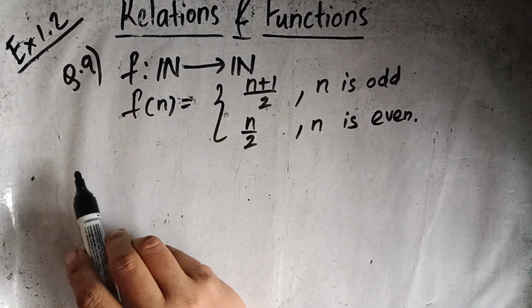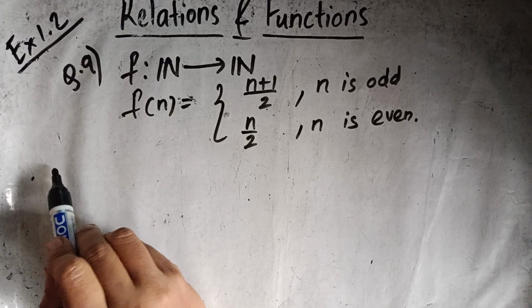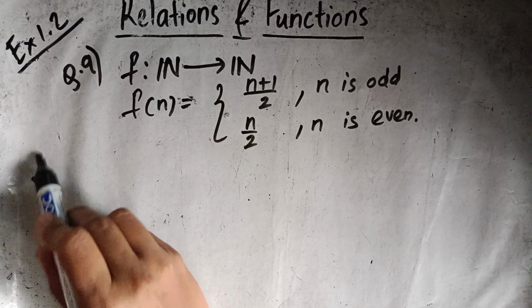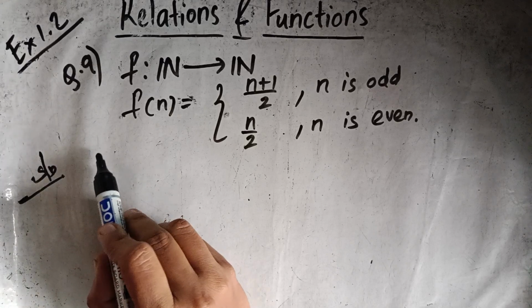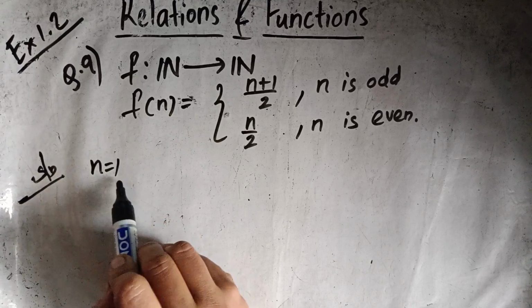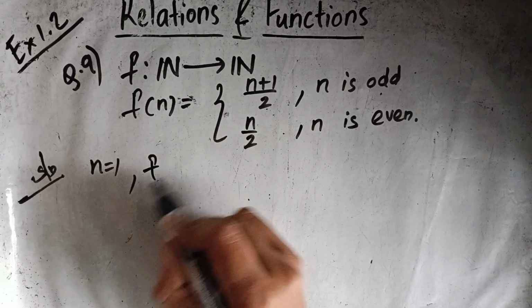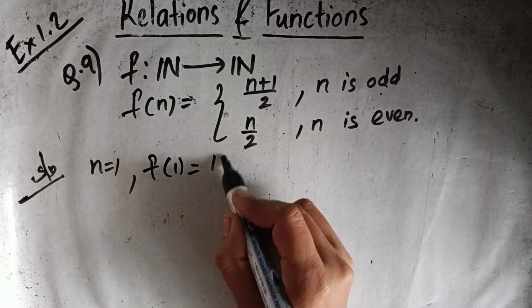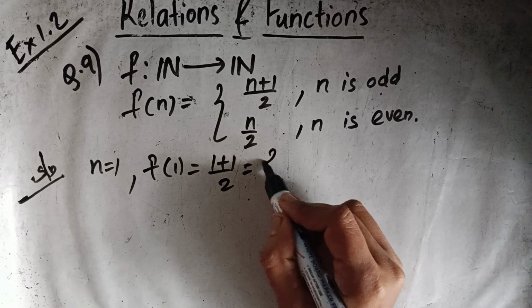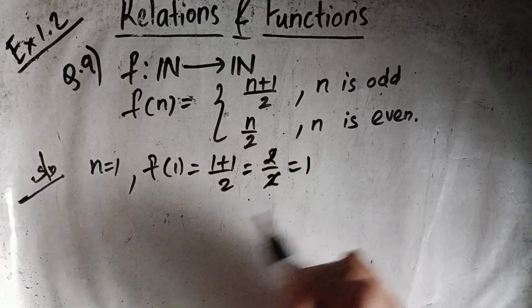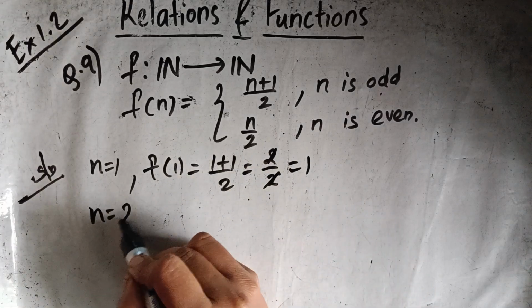Okay. So to prove one-one, first you take one element, say n equal to 1. So this is odd, right? So you have to use this definition. So f of 1 is (1 plus 1) by 2, which is 2 by 2, 1. Okay. Let's take n equal to 2.